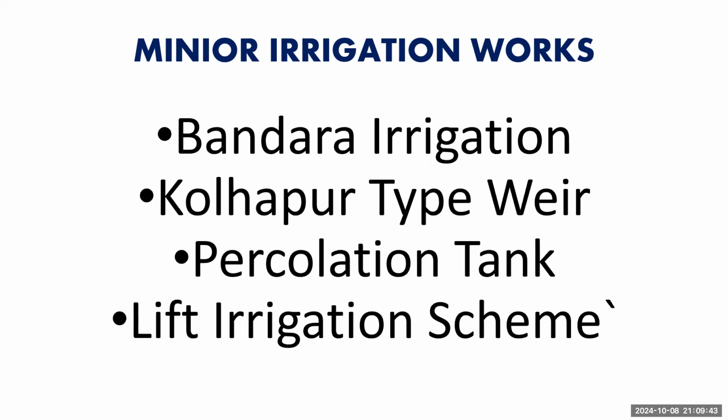So 70% of this chapter is over, and now only 30% is left, that is minor irrigation. Based on minor irrigation works, questions are asked on all these four types. A question may be asked on Bandhara irrigation, maybe on Ketiver, maybe on percolation tank, maybe on lift irrigation. In tomorrow's lecture, we will discuss these minor irrigation works.